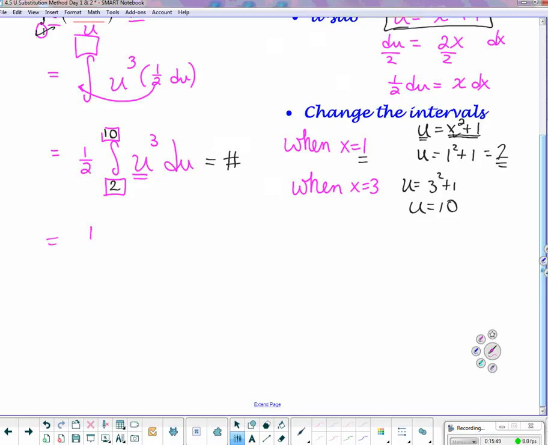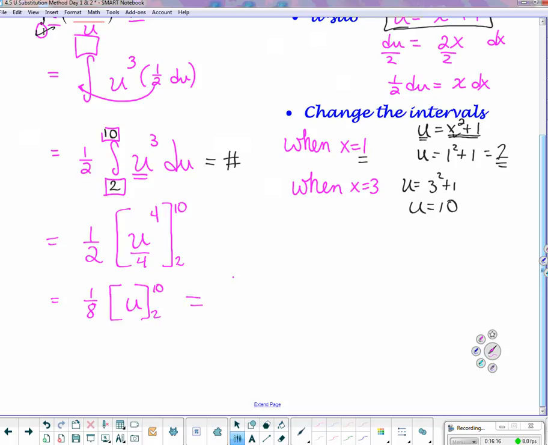And we'll have 1/2 u to the 4th divided by 4, evaluated from 2 to 10. I don't need a plus c this time because remember we're on a definite integral. I could bring out the 4 and call this 1/8 and now evaluate u just from 2 to 10.